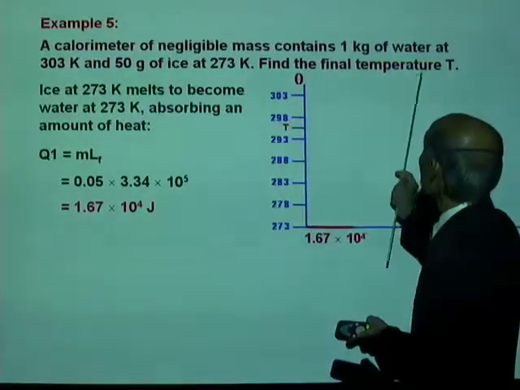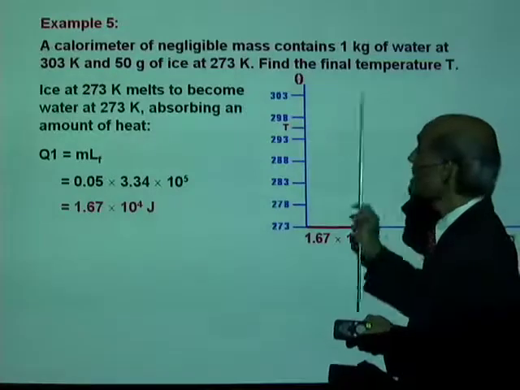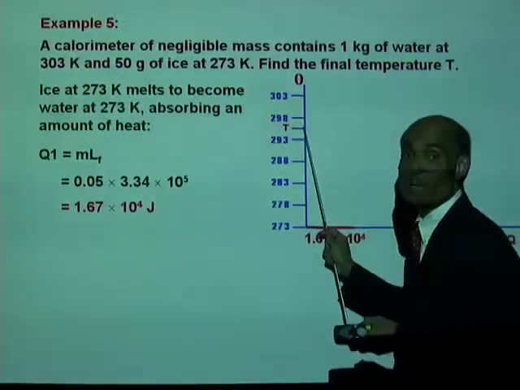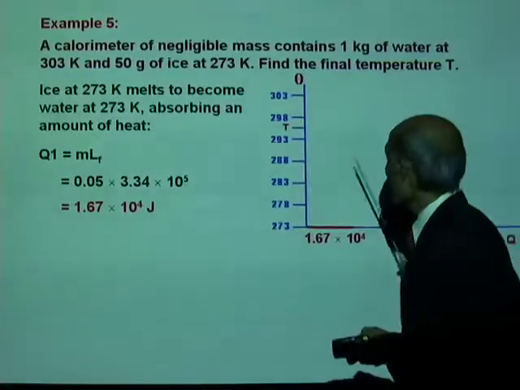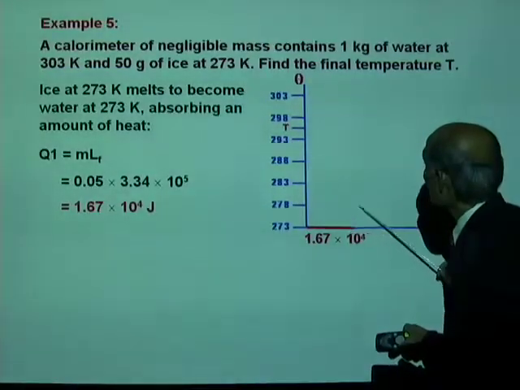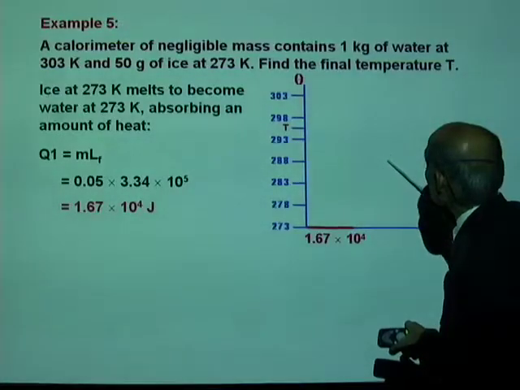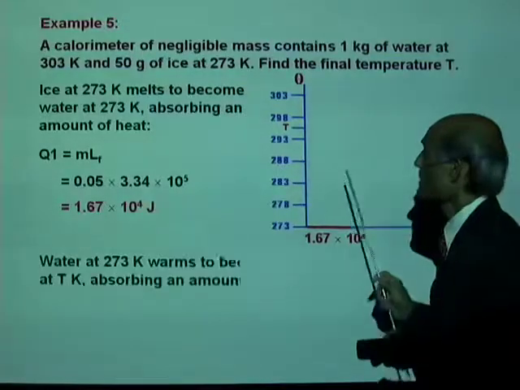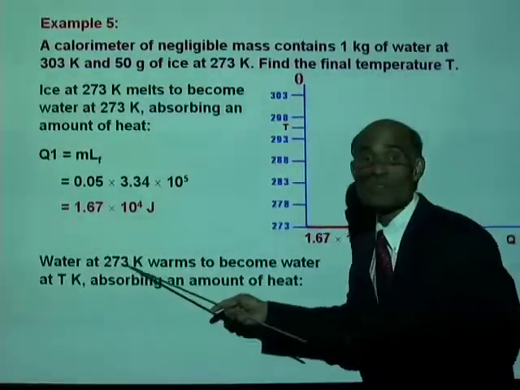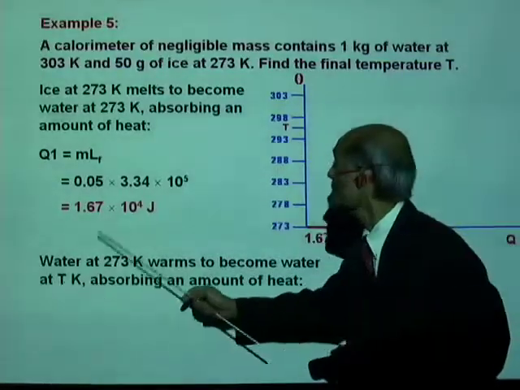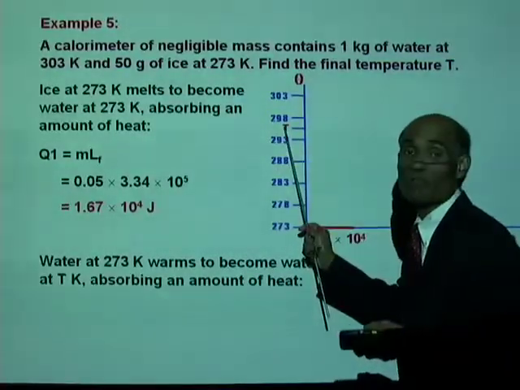Find the final temperature, uppercase T. So let us say that the uppercase T is somewhere here. That means this water at 273 Kelvin will now rise its temperature to this T Kelvin. So water at 273 Kelvin warms to become water at T Kelvin.